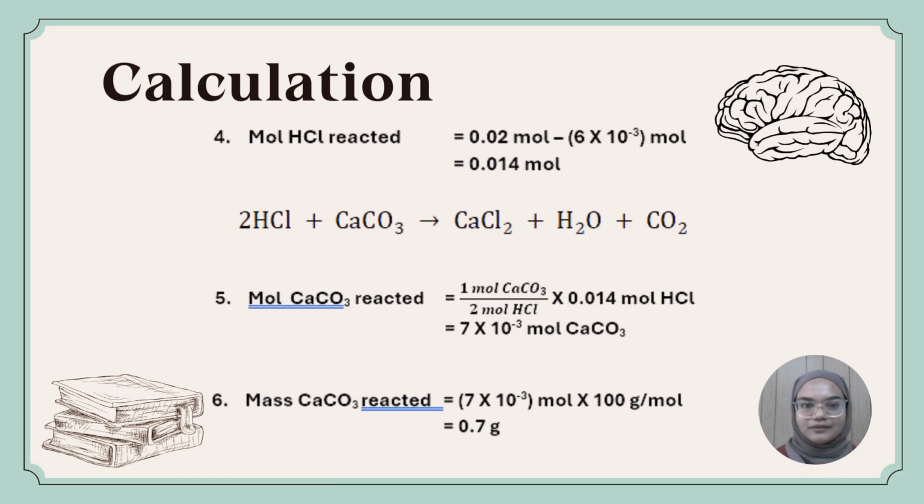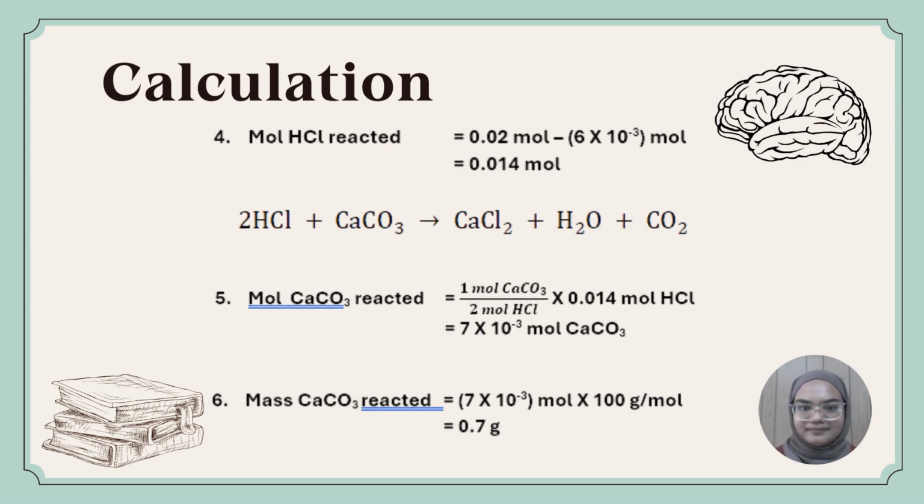Next, we find the moles of HCl reacted by using the formula initial moles of HCl minus excess moles of HCl, and we get 0.014 mole of HCl reacted. And then for the moles of CaCO3 reacted, we use the ratio 1 mole of CaCO3 to 2 moles of HCl times 0.014 mole of HCl, and we get 7 times 10 to the power of negative 3 mole CaCO3.